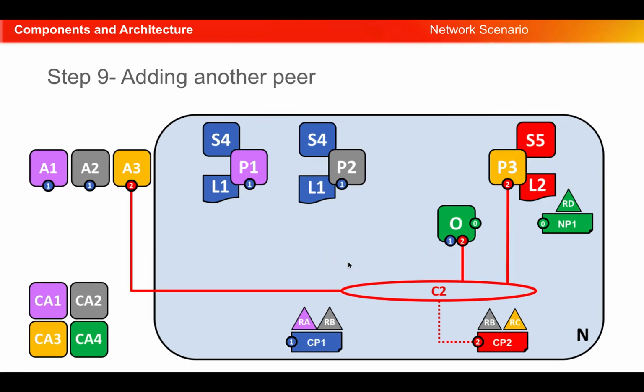So in here, as I told, C2 is governed by the RB and RC consortium, and A3 is an application that is governed by RC again, and RC is contributing a peer P3 and it is connected to channel C2. So the smart contract that is deployed is S5, and the ledger that the peer is maintaining for this channel, which is C2, is L2.